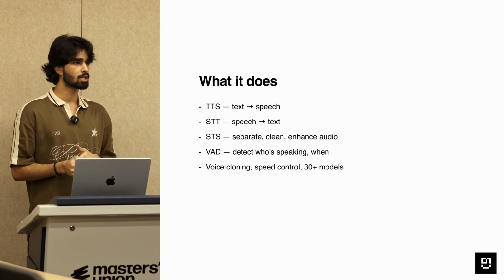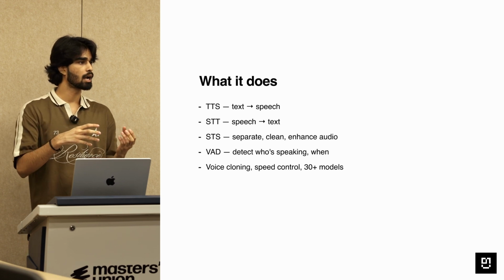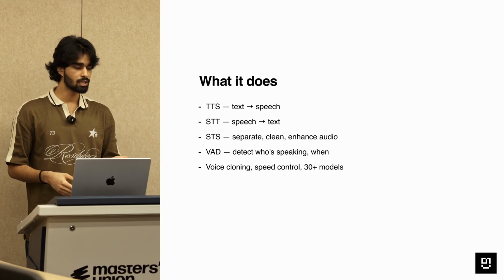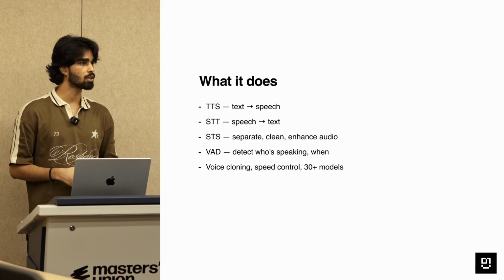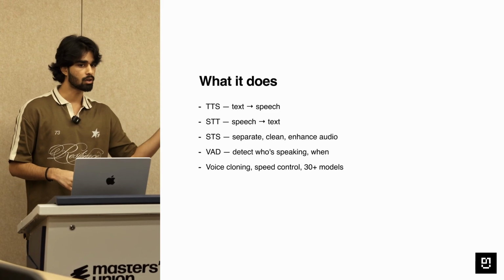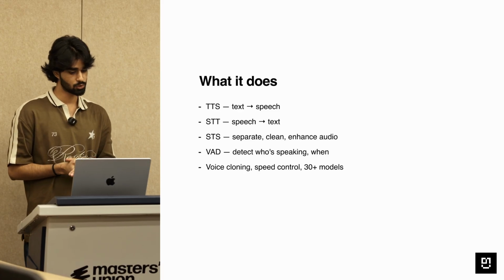Now STS is something like, imagine you have a very noisy input voice coming in and you get clean audio out. So this is one example of STS. VAD is basically diarization. Imagine 2 or 3 people are speaking here and it would figure out, okay, this is speaker 1, this is speaker 2, this is speaker 3 across our communication. And one very nice thing is voice cloning.